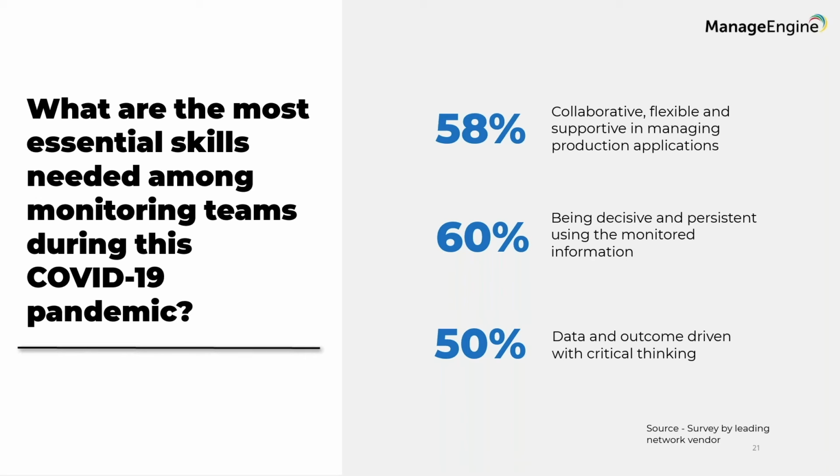So historical trending is quite important, which we will discuss in the upcoming slides, on how you can use the historical data of Applications Manager APM Insight to understand and find problems.